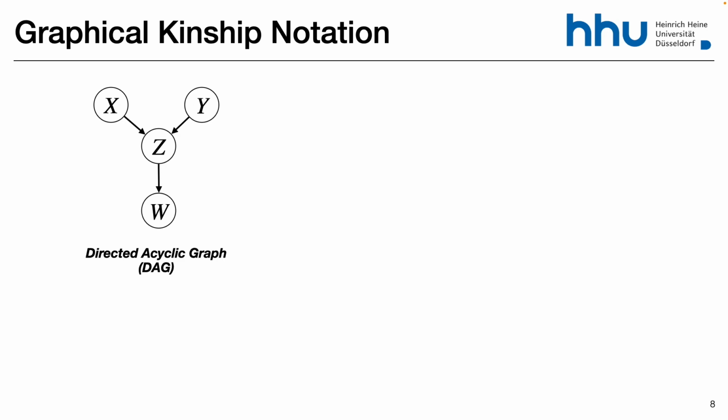You see here there are nodes and edges. The first thing to note is that we are going to use this graph to represent probability distributions. This encodes a joint probability distribution where the random variables are represented as nodes in the graph, and the edges are going to use kinship notation.